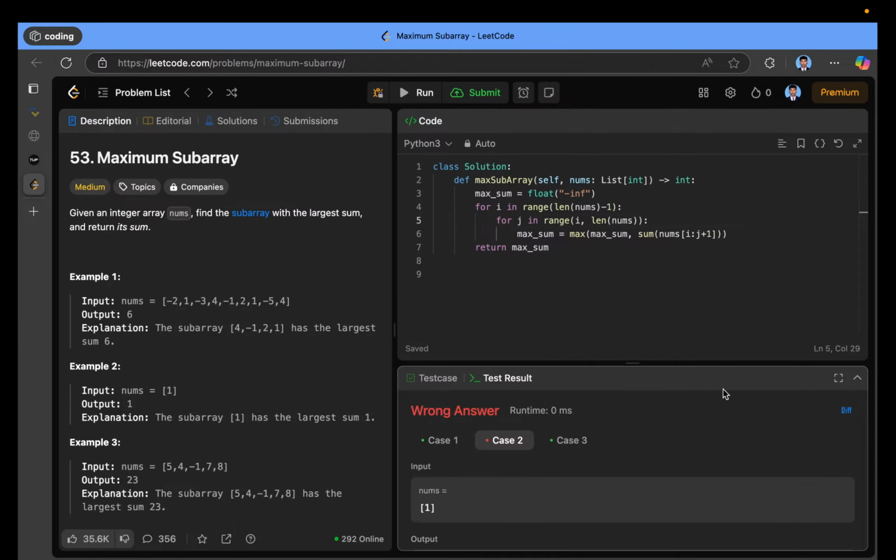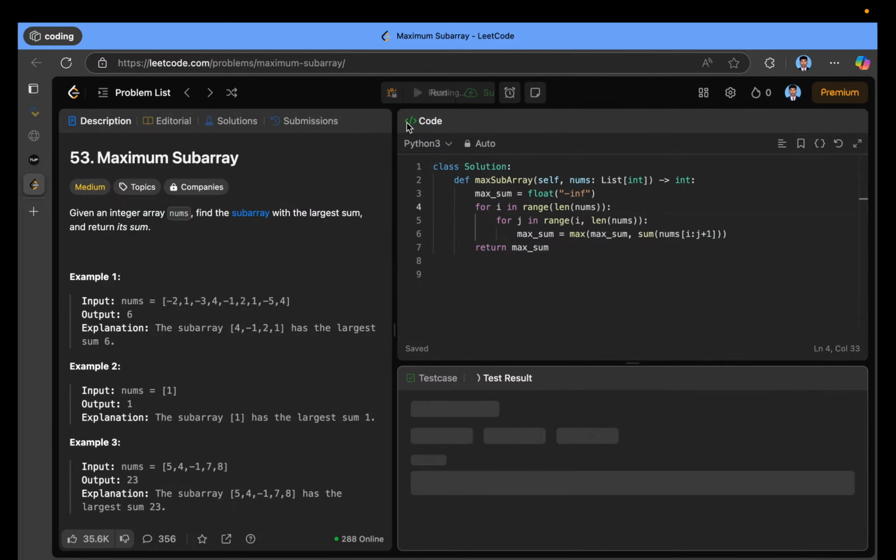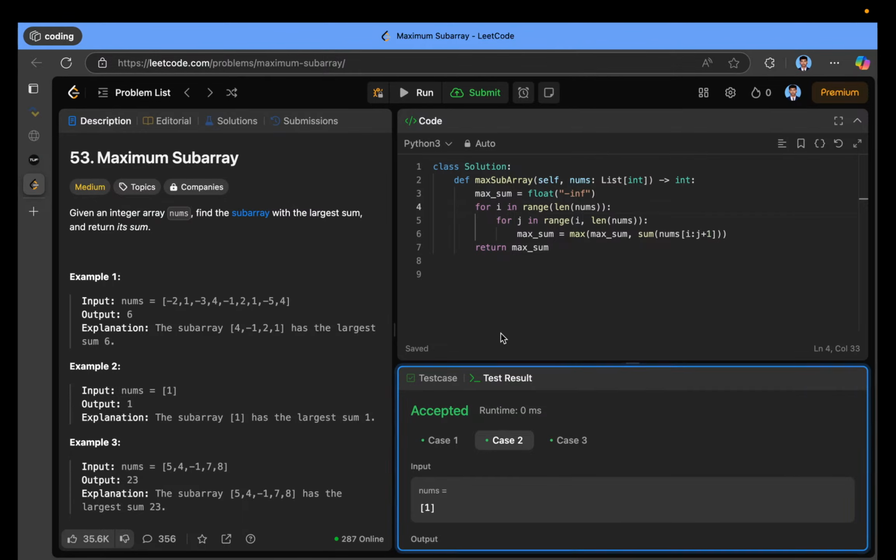Again, okay. First loop is done, second loop is done. Now for the third. Nice.